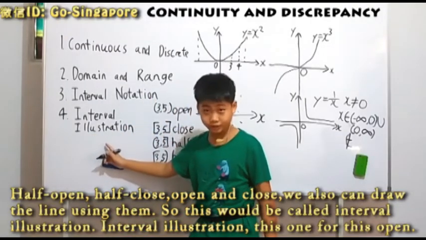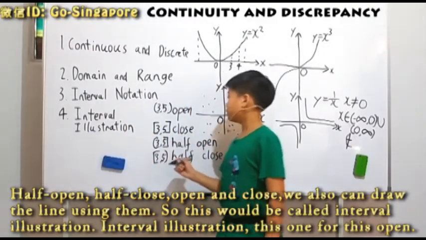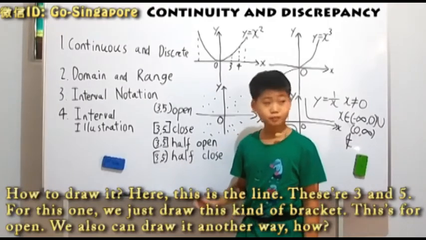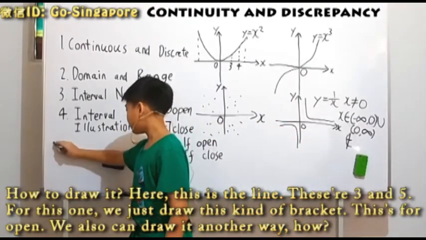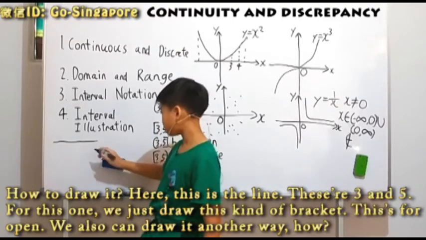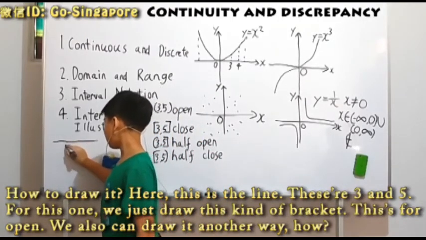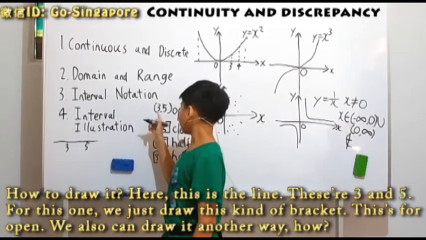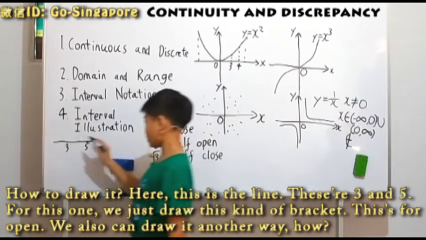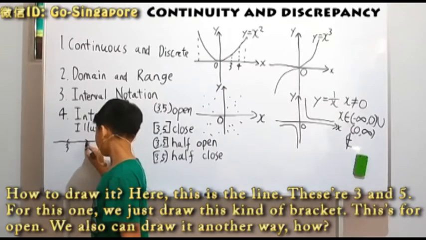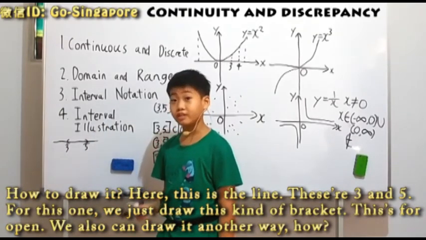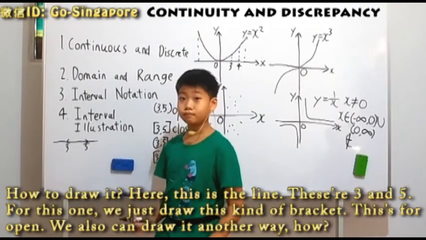Interval illustration. This one for this open. How to draw it? Here, this is the line. This is 3 and 5. For this one, we just draw this kind of bracket. This for open.